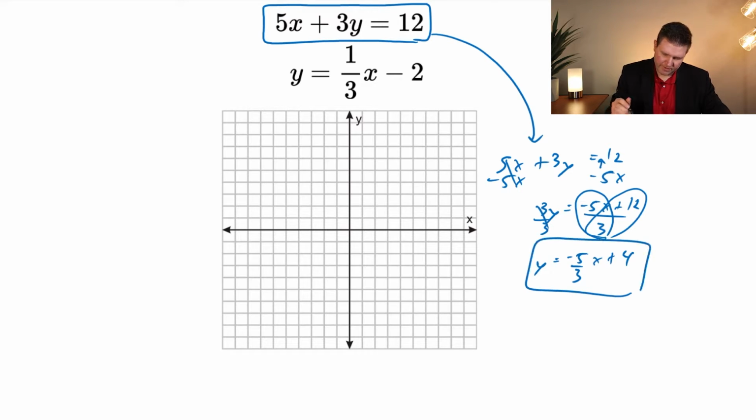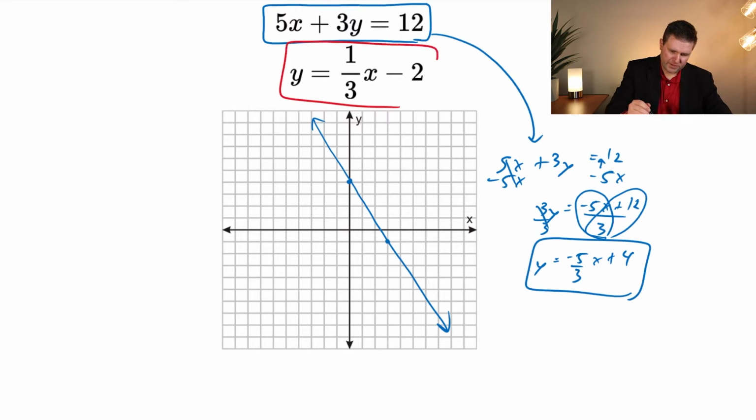We'll go ahead and graph this up 4, 1, 2, 3, 4, and then down 5 over 3, and draw our line. There we go. And now I'll use red for this other one, 1/3 x minus 2. We start at negative 2, go up 1 over 3, and we end up hitting that same point. So our solution here will be 3, negative 1.